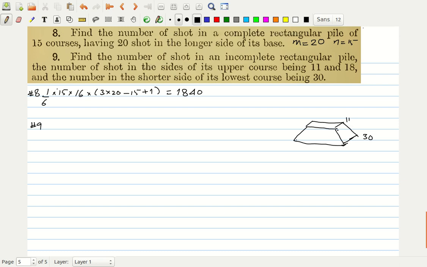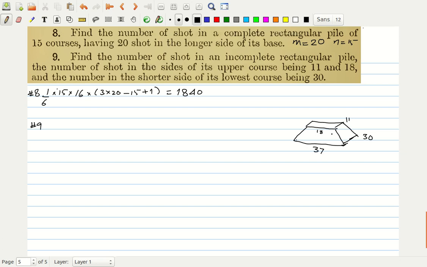And similarly, if it was 11 on the shorter side, this is 18, so the next layer here will become 19, right? So what is the difference between 11 and 30? The difference between 11 and 30 is 30 minus 11, which is 19, right? So 18 plus 19 is 37, so this should be 37, right?